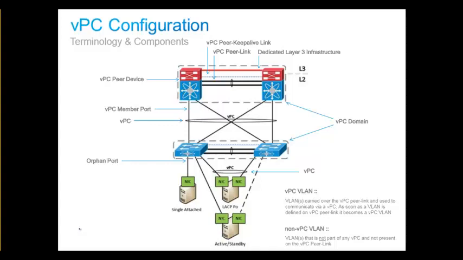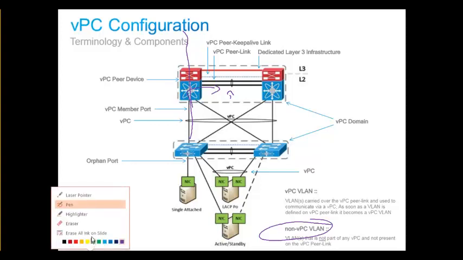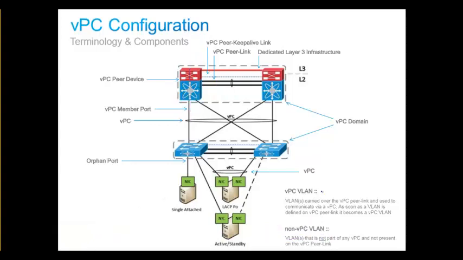Those VLANs that are not allowed on the peer link, which means traffic goes like this, it cannot take a right turn, it can only go straight. Those VLANs that are not members of the peer link are called non-vPC VLANs. Meaning, if a VLAN is allowed in a peer link, it's a vPC VLAN.